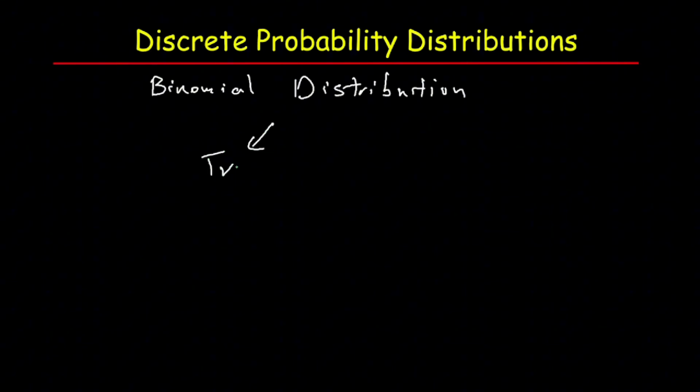Okay, so now we're going to talk about a special type of discrete probability distribution, which is the binomial distribution. This is a special type of discrete probability in that there are only 2 choices. You can either choose true or false.